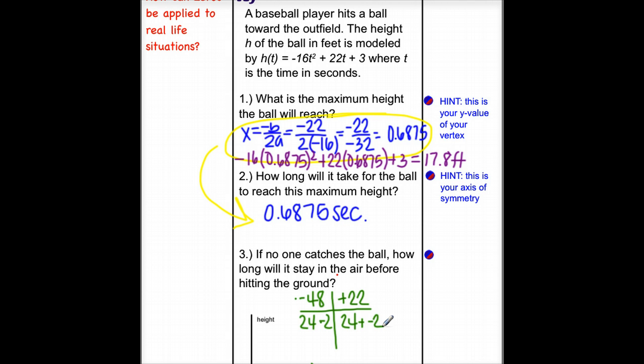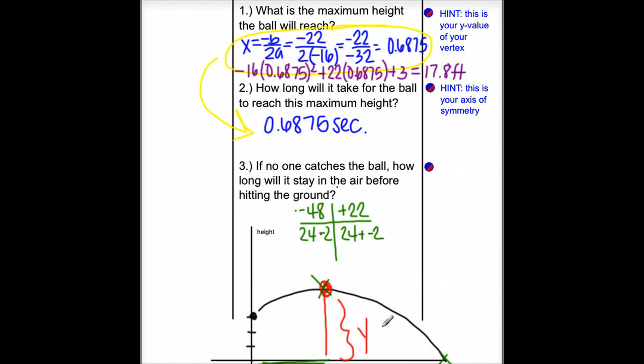So I know that means I can split that middle term, and I have -16t squared plus 24t minus 2t plus 3. And so then I can factor by grouping.